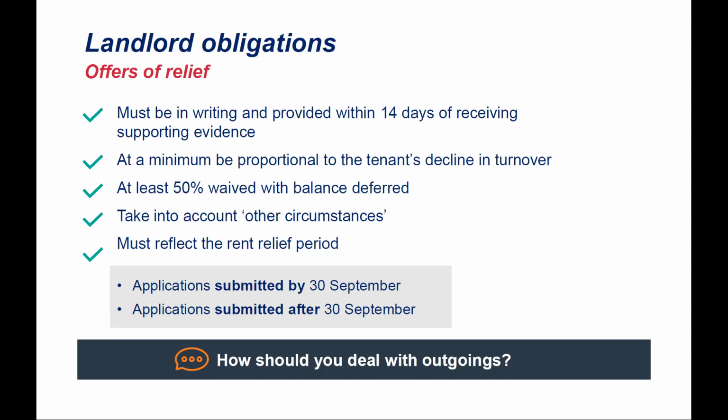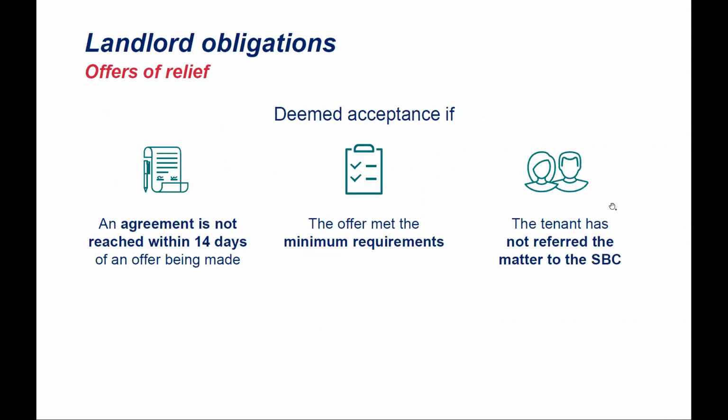There's also the question around how you deal with outgoings. Outgoings need to be proportionally reduced at the same rate as the rent reduction. The landlord has some deemed acceptance provisions that will apply to it.